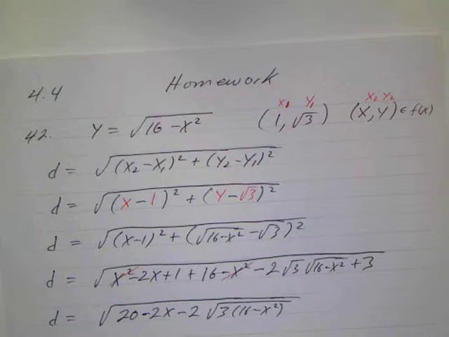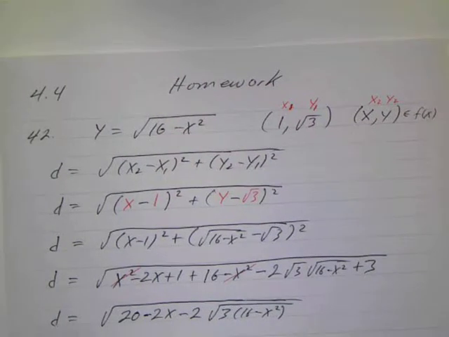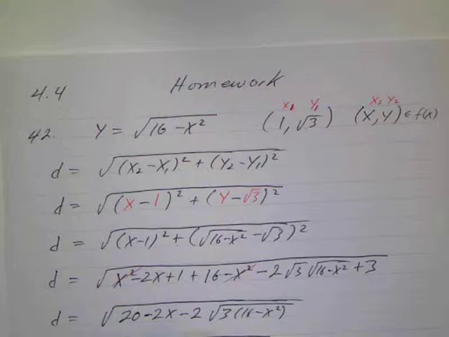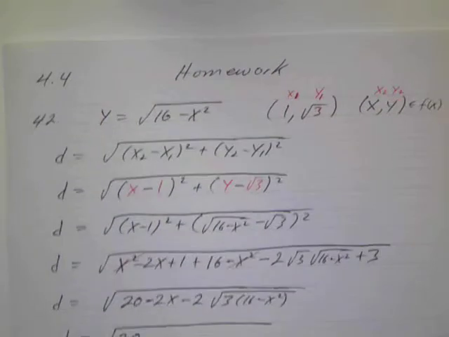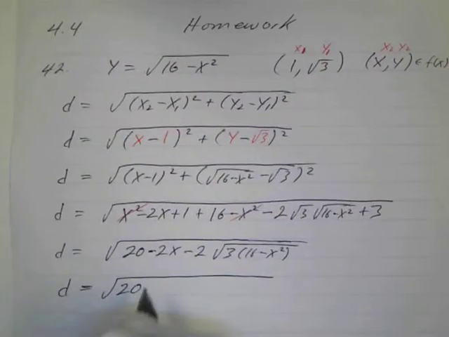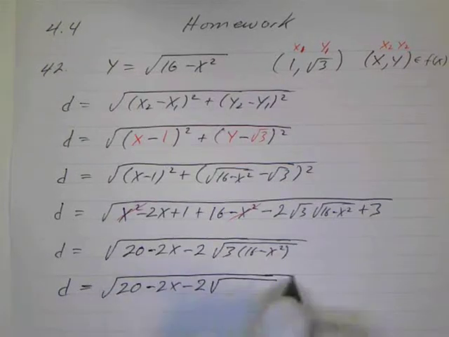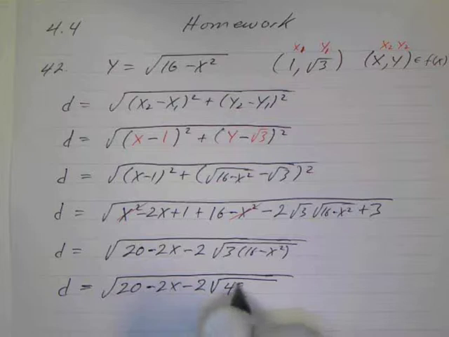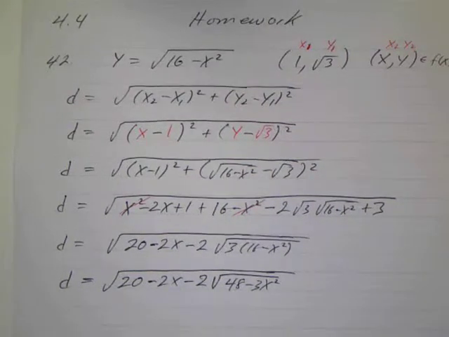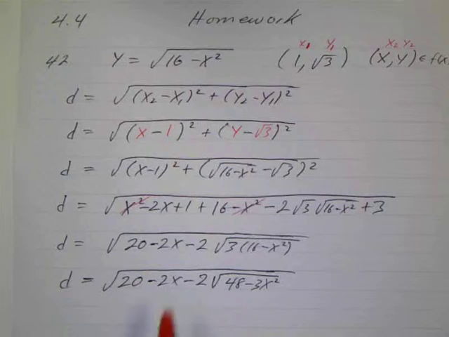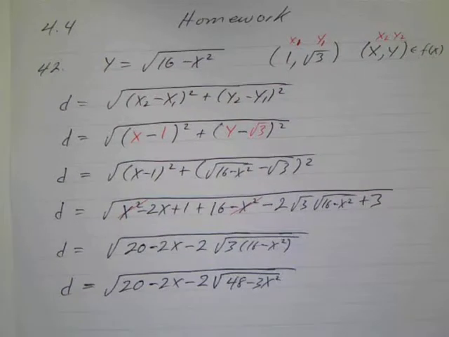And then we can multiply that out to make it a little bit easier, so distance equals 20 minus 2x minus 2 times the square root of 48 minus 3x squared.